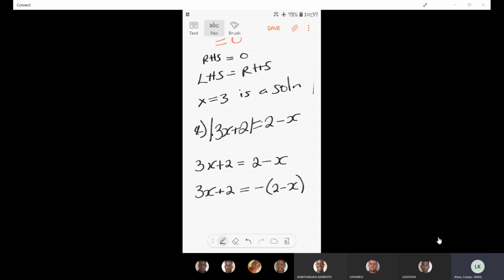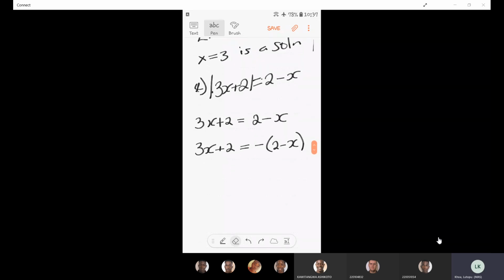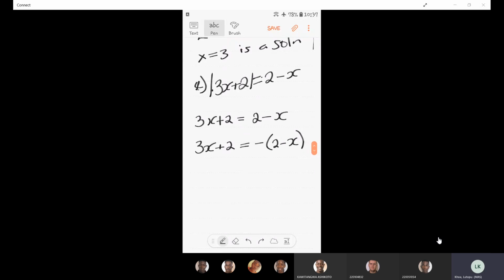So remember, the brackets are important to show that the entire thing is negative. So it's this 2 minus x that is negative, not just the 2. Because if my brackets are missing, then only the 2 is negative, and that's not correct. So now you have two equations, you solve them.